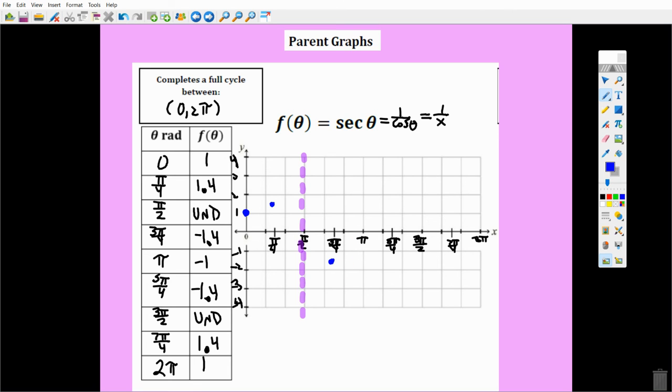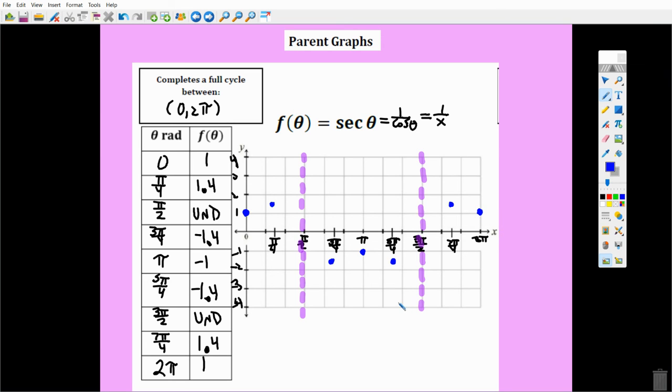And then at pi, we have negative 1. At 5 pi over 4, it's again negative 1.4, about right there. And then at 3 pi over 2, it's undefined again. At 7 pi over 4, it is 1.4. And then at 2 pi, it's 1.